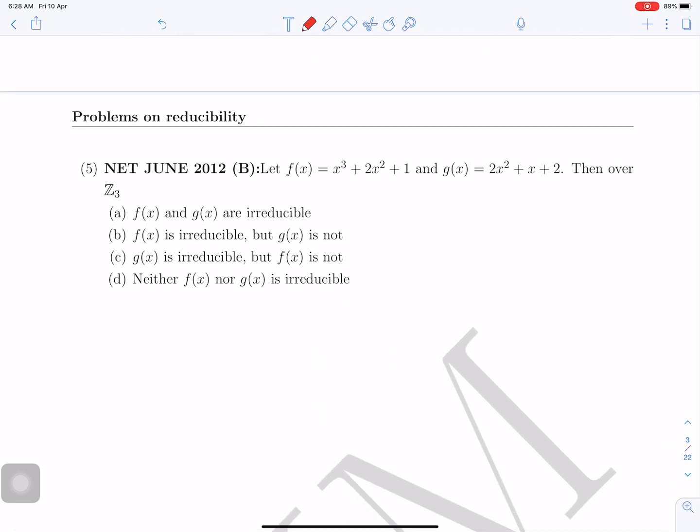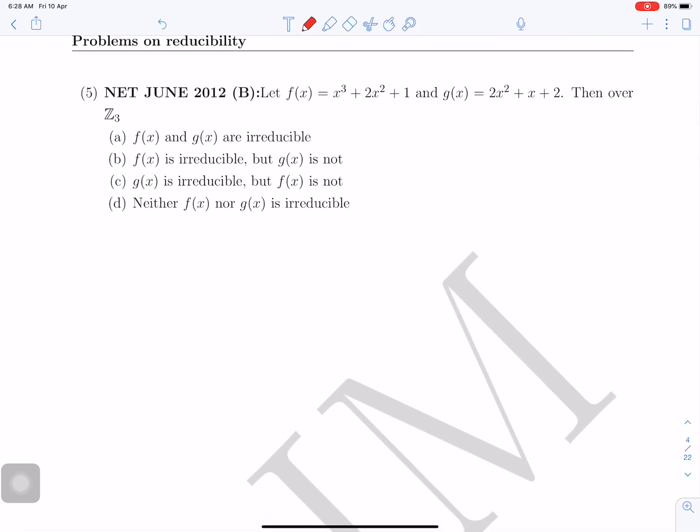Now problem number 5. f(x) is equal to x cube plus 2x square plus 1, and g(x) is equal to 2x square plus x plus 2.